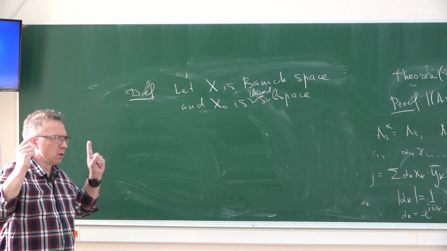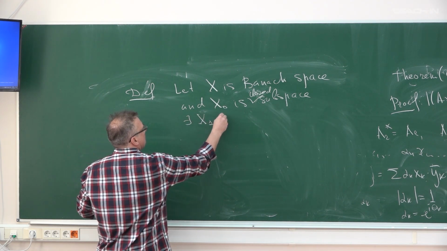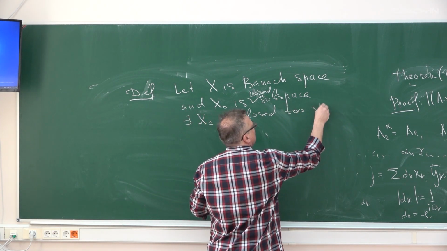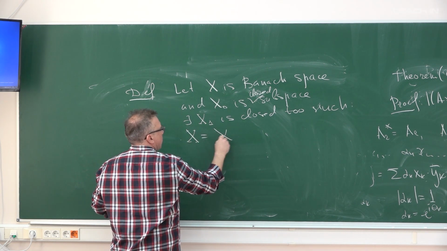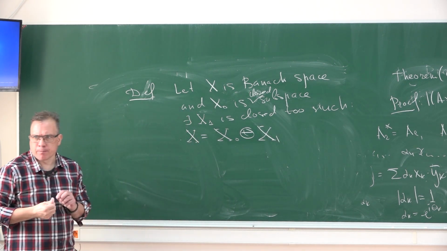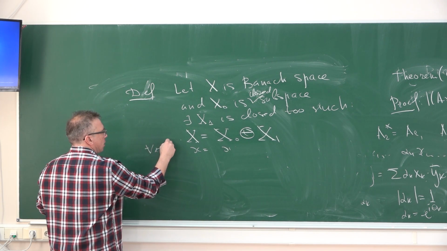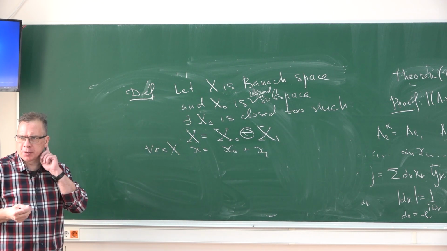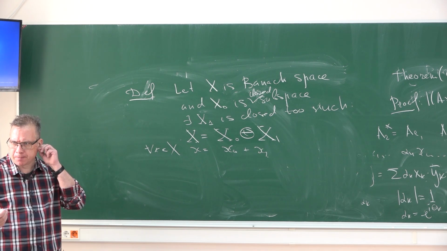We have a division, and there exists X1, closed too, such that X can be represented as a direct sum. Any element x can be divided into two components, a sum of two components of the corresponding subspaces. Then you can define the operator of projections, or projectors.